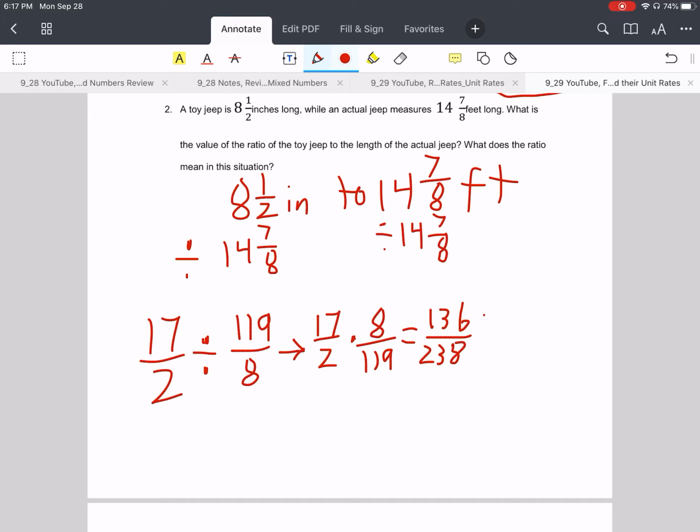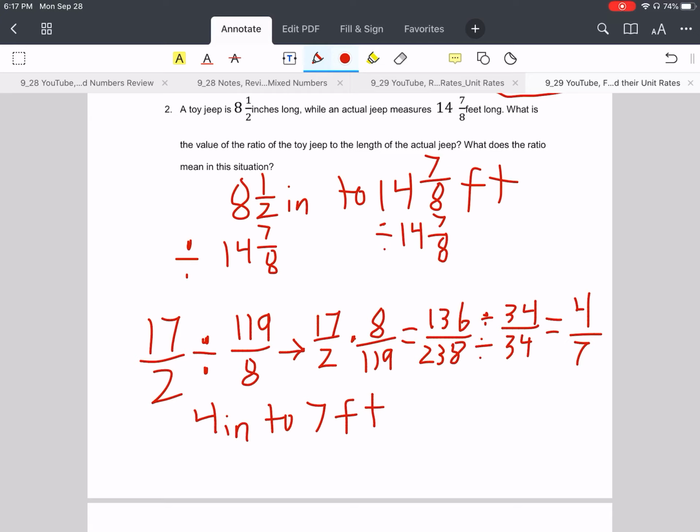And we can actually divide both of these by 34. So that simplifies to 4/7. So the ratio of the toy Jeep to the actual Jeep is 4 inches to 7 feet.